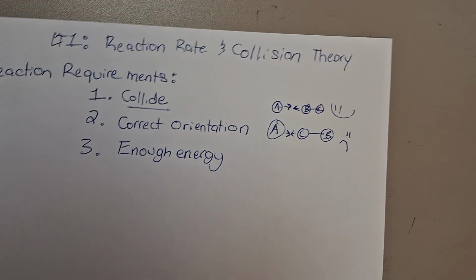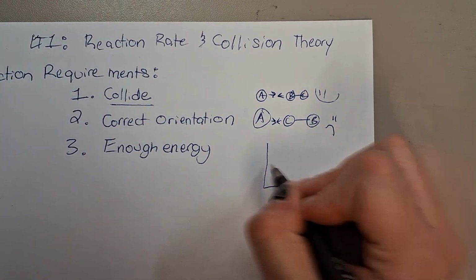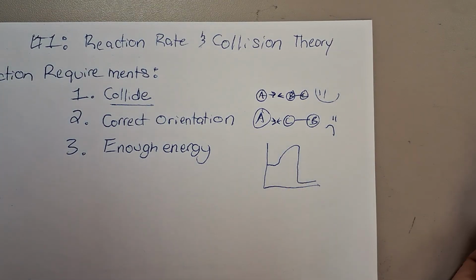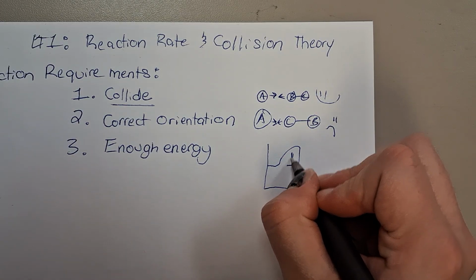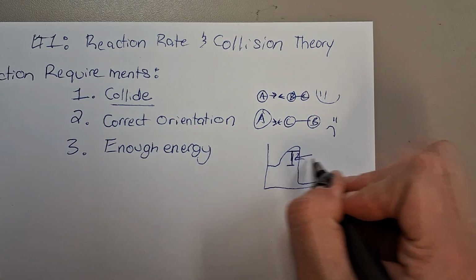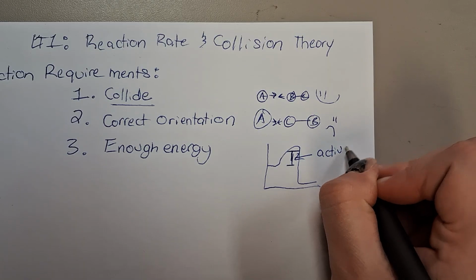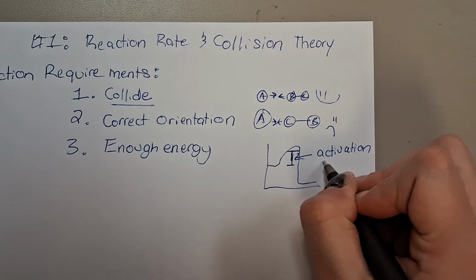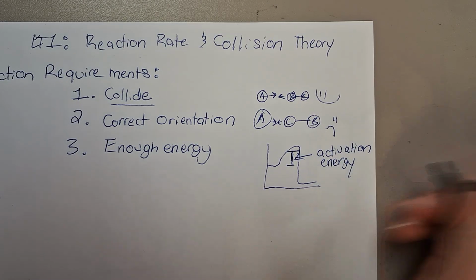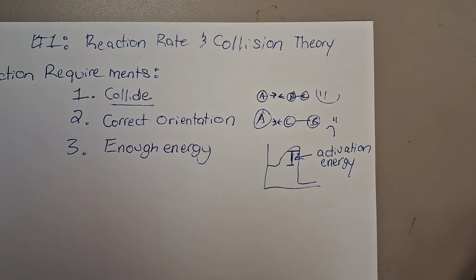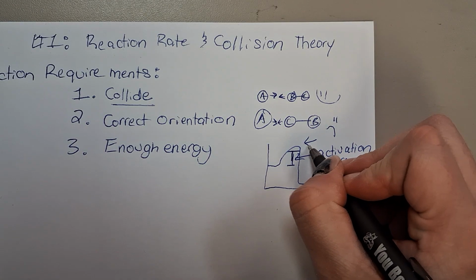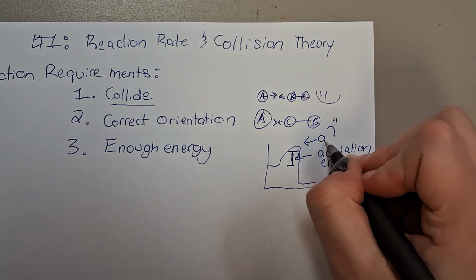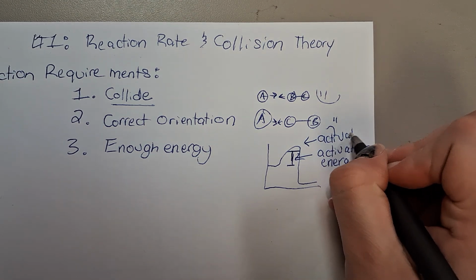So let's review activation energy real quick. Activation energy is the energy required for a reaction to happen. It's this little bit right here to get that reaction started. Remember this little bit at the top of the graph as well has a special name. It's the activated complex.